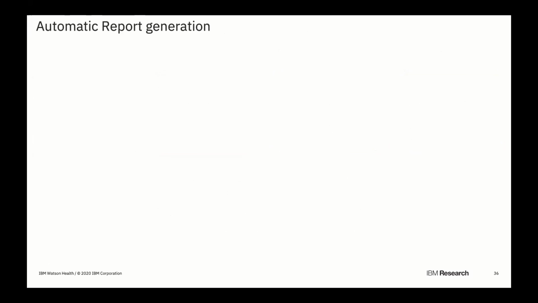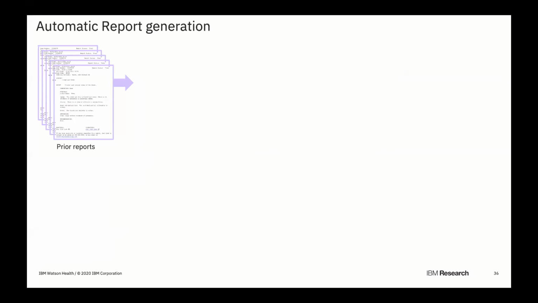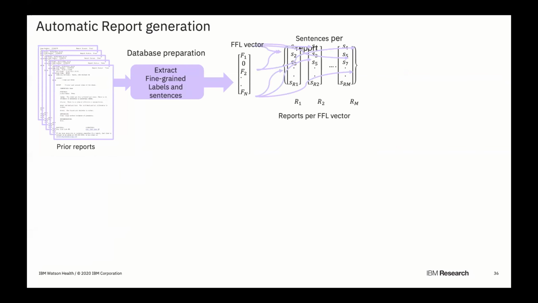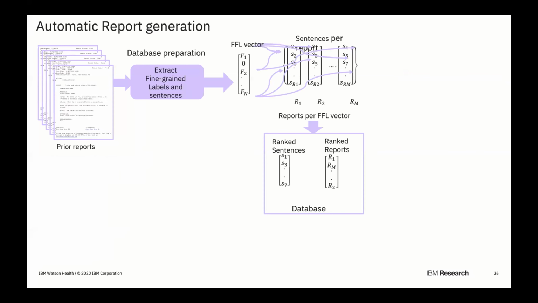The overall workflow is like this. You start from a prior set of reports to extract fine-grained labels from them and form these fine-grained label pattern vectors, called FFL vectors. From there, you back index to the sentences and the report, so you know which finding label came from which sentence and which report. This set of pre-processing goes into a database so that you have a set of pre-ranked sentences and reports.